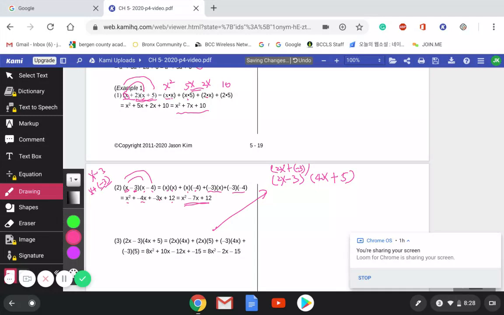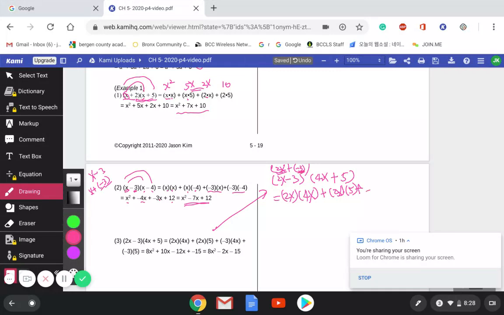Okay, so you multiply 2x with 4x, and again 2x with 5, plus this time I'm going to use negative 3 instead of minus 3.